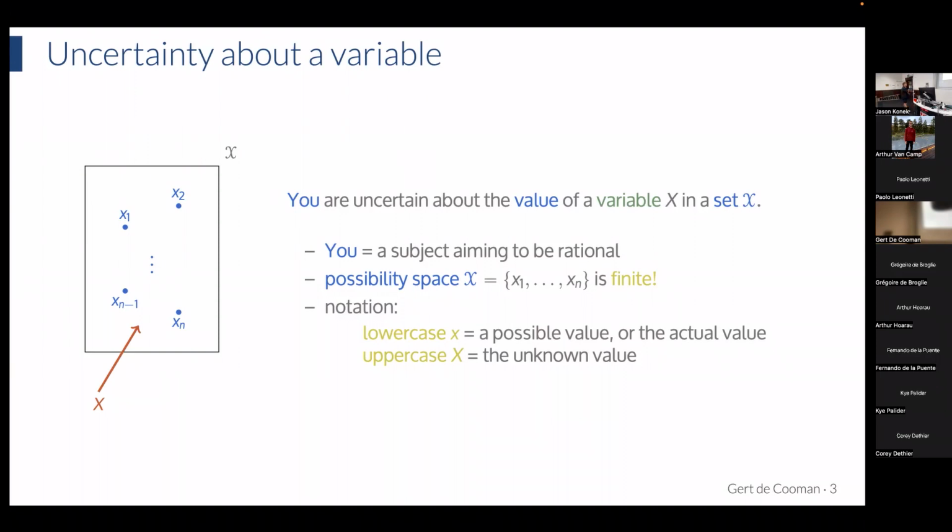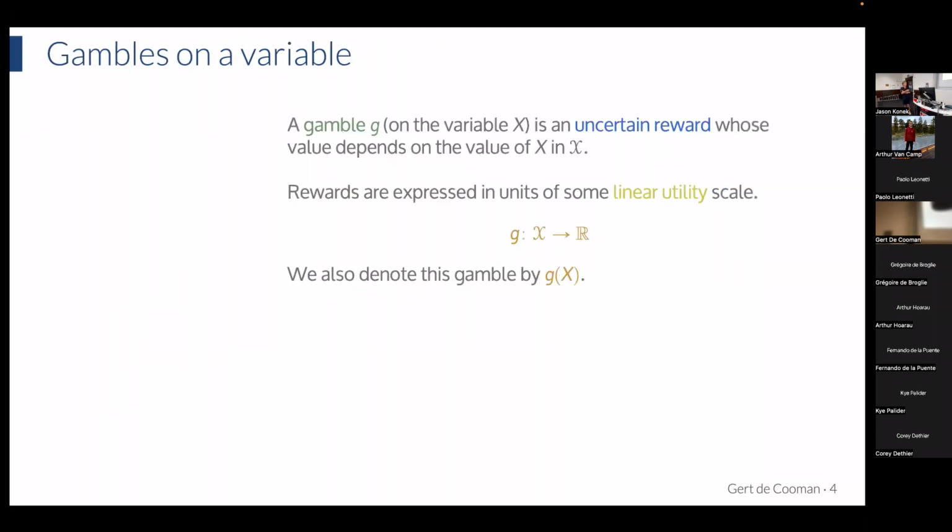And so you're uncertain about the value of this variable, capital X. U is a subject that I assume to be rational, or at least trying to be rational, aiming to be rational. So I'll call that subject U. The possibility space, the set of all the possible values, is finite. So that is a number of conventions.